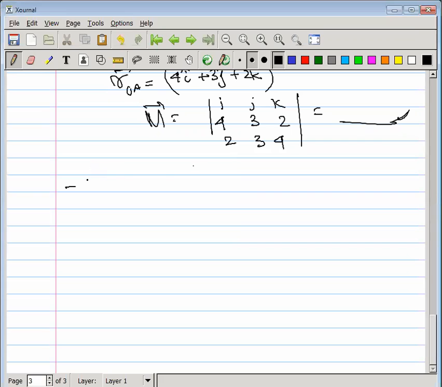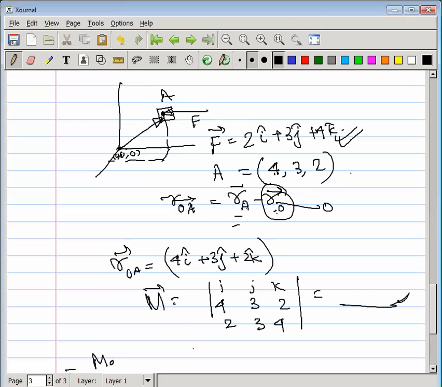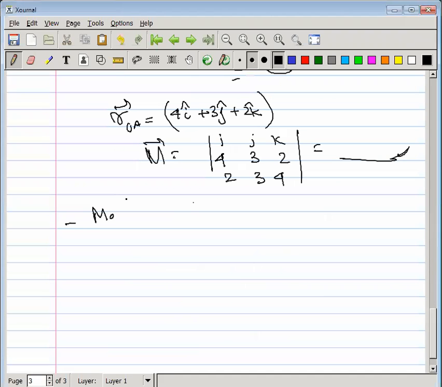Okay, next we come to another topic. You all know the moment, which we calculate with respect to an origin, right? Now suppose it is said with respect to another point.